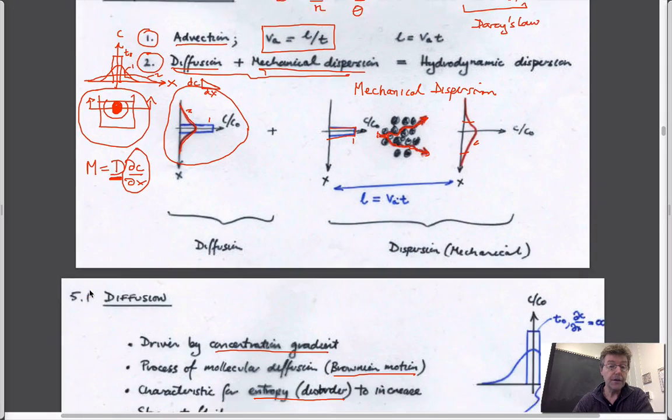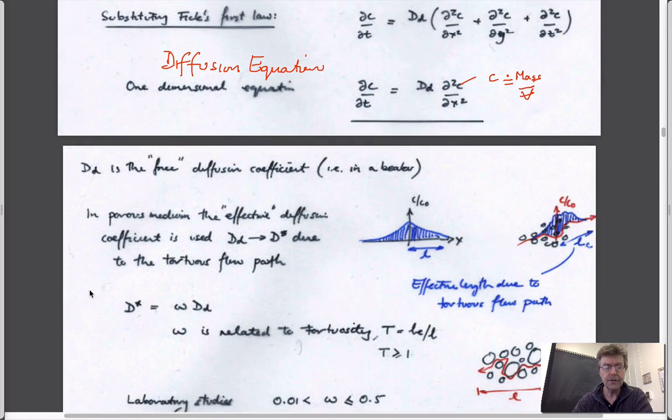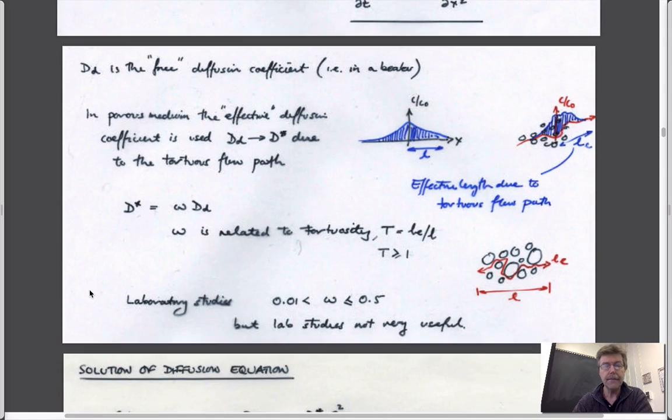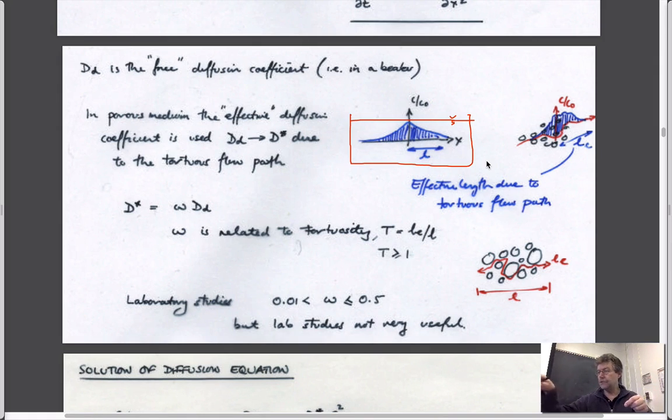If you fill that beaker up with soil, with sand, say, then you can imagine that instead of this plume just spreading out directly in the water, it has to go in and out of the pore space. You could imagine taking this Gaussian distribution and wriggling it through the pore space, which is what this little diagram here is.